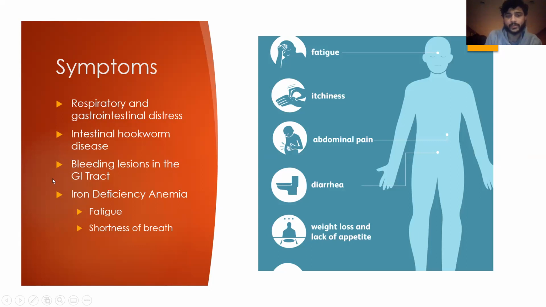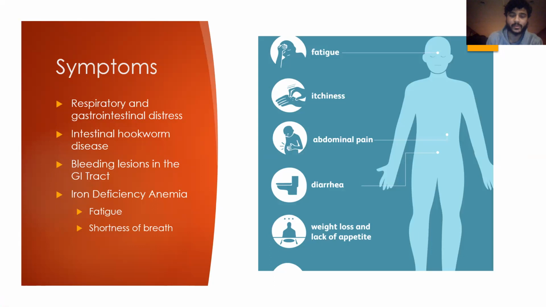There's bleeding lesions in the GI tract because it bites into your colonic wall and sucks in blood. And through blood loss, you have iron deficiency anemia. So basically, iron produces red blood cells, and well, it produces hemoglobin, and hemoglobin attaches to oxygen and gives you energy.